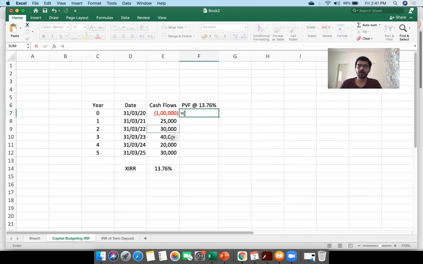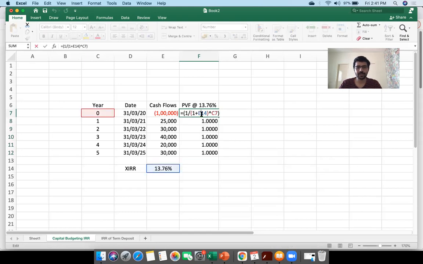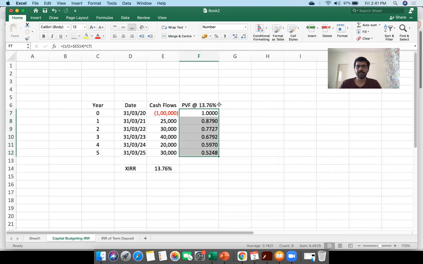Again, I'm using the same formula that I used in the previous spreadsheet, which is 1 divided by 1 plus R, where R is 13.76%, raised to the year. Let me just increase the decimals. I think I didn't freeze it over here. Let me just freeze this as well. Okay, so these are the present value factors.